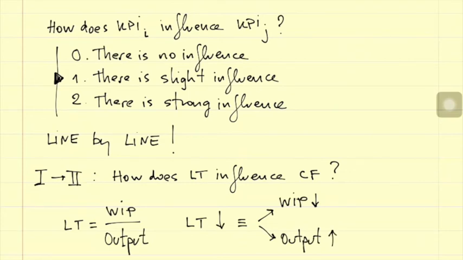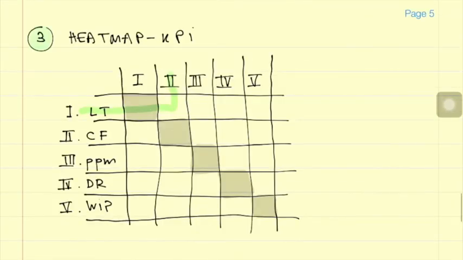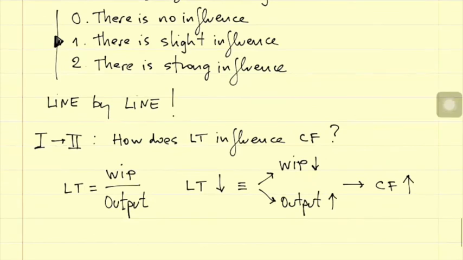In both cases, this means that the cash flow increases. So there is a strong influence, and I'm going to put here a 2, okay? 2. Strong influence. How does lead time influence parts per million? How does lead time influence quality?